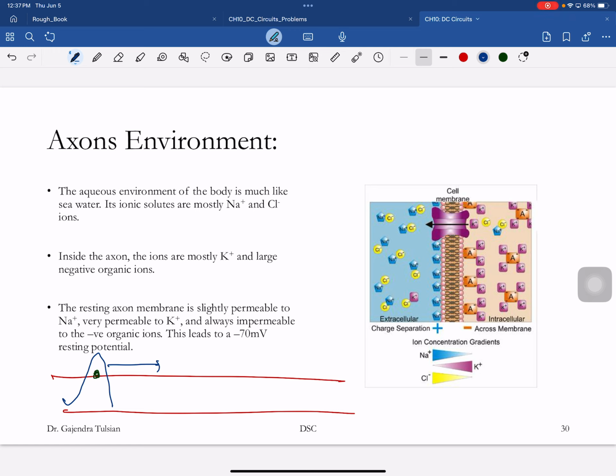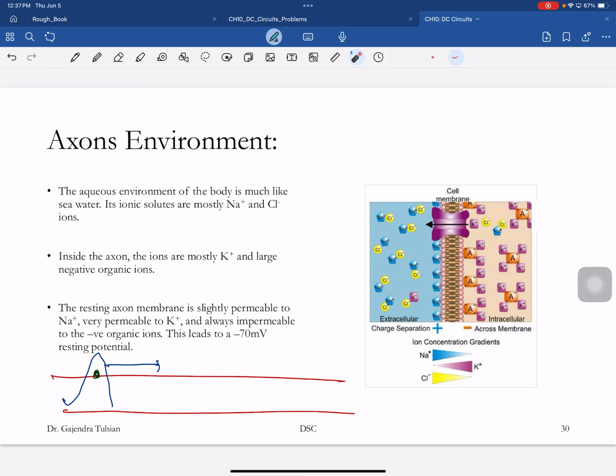So in creating this, what happened? Remember, you've got a whole bunch of potassium ions outside and sodium ions inside. You've got to reset that.